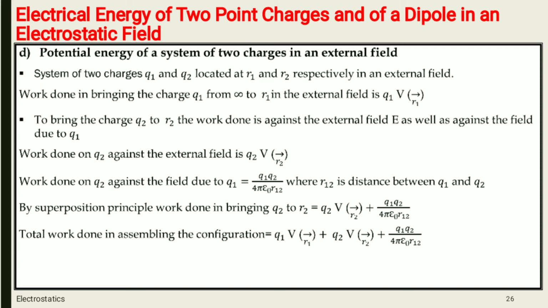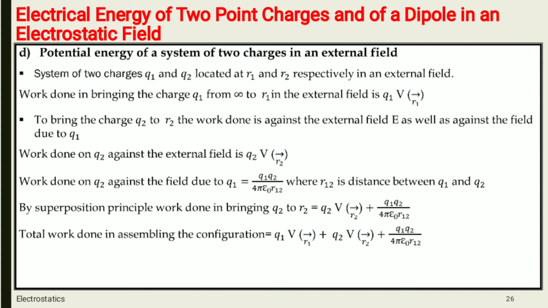Same thing we are going to do, that is we are going to consider one source which is having electric field E and it is having some potential V. So in that we are going to consider a system of two charges, that is Q1 and Q2, located at R1 and R2 respectively in an external field.